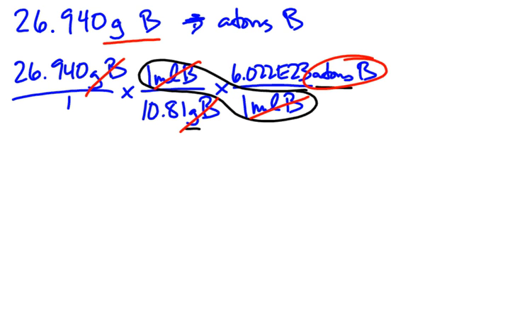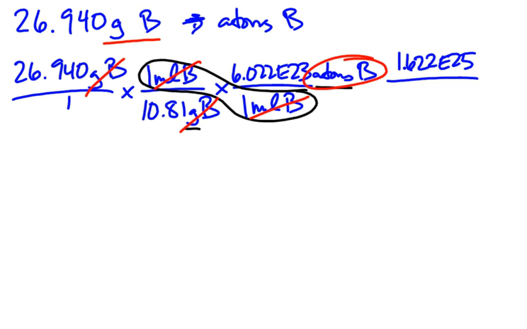I do my calculation, which is, turn on the calculator, that helps, 26.940 times 6.022 times 10 to the 23rd. My answer ends up being, with 4 sig figs, 1.622 e to the 25th.